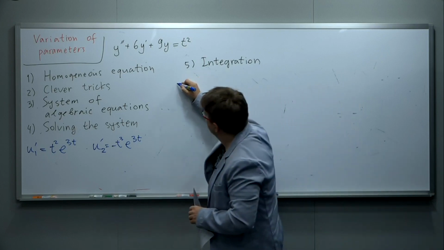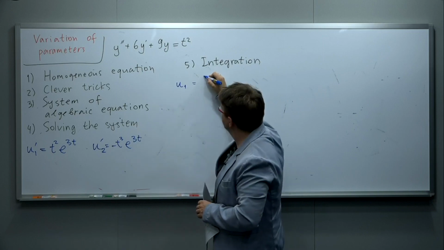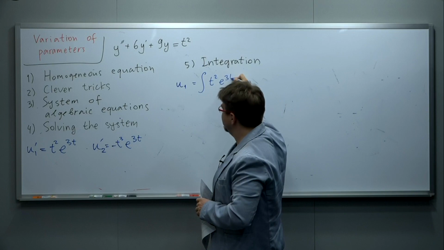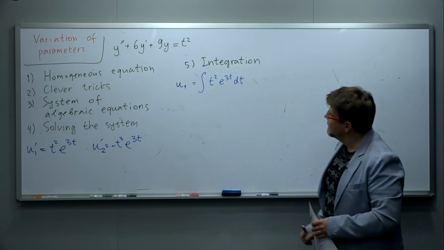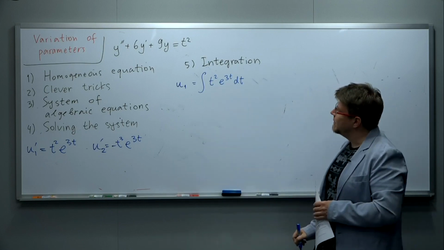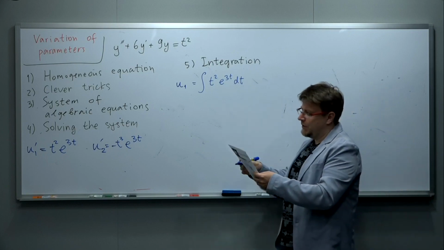So if u1 prime is this, then u1 itself is going to be the antiderivative of t squared e to the 3t dt. Of course you could do it 3 times by parts, but 2 times by parts, but I'll skip this.